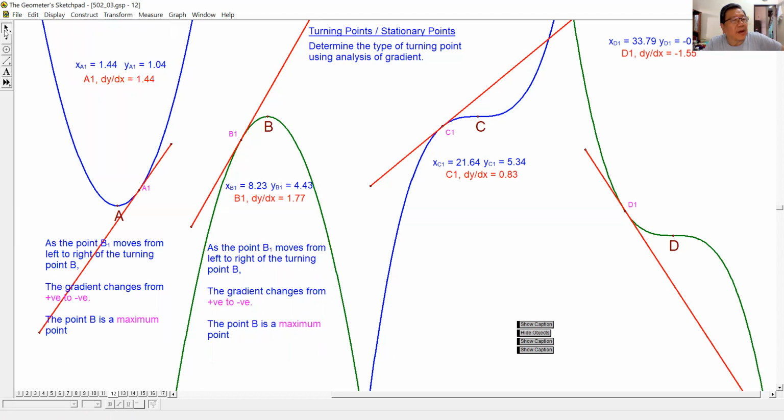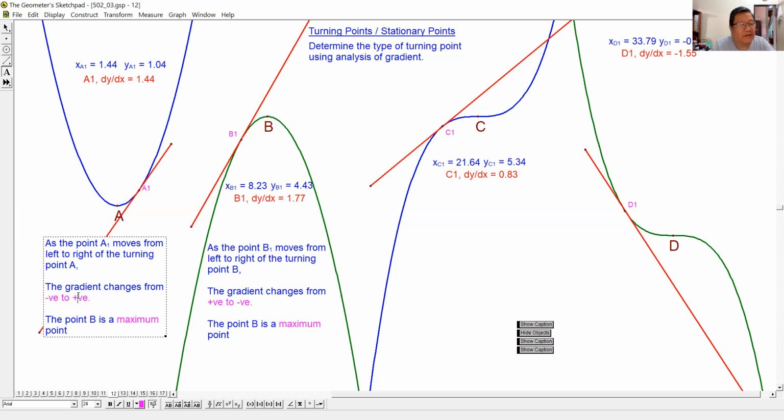Okay. Now I'm going to type what Li Ying told me. As the point A1 moves from left to right, meaning from the left hand side of A to the right hand side of A, so as the point A1 moves from the left to right of the turning point A, the gradient changes from negative to positive.